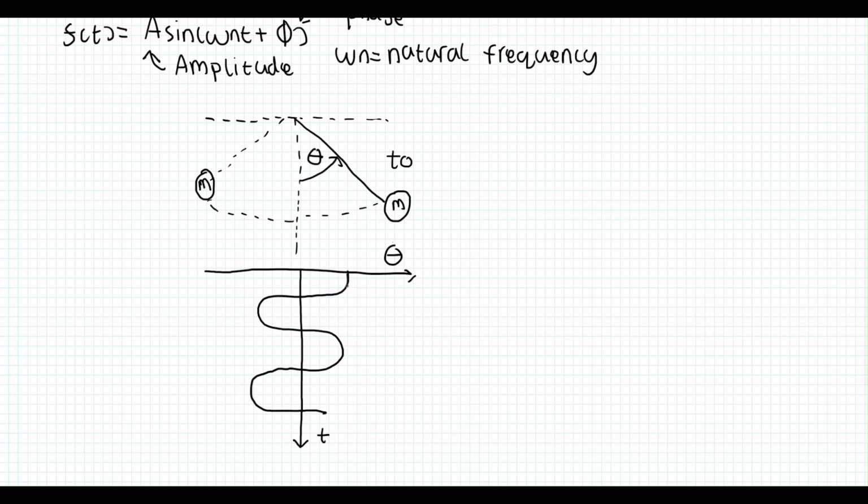This value here is our amplitude, and that is this distance in here. This distance here, approximately, would be our period, T.